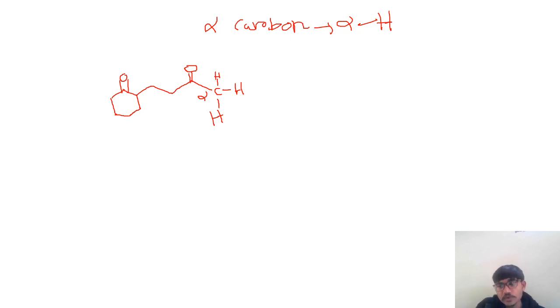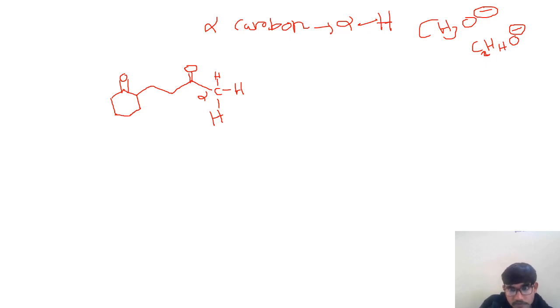These are strong bases, or you can say OCH3 minus, CH3CH2O minus, the ethoxide ion, or the methoxide ion, which is CH3O minus, or C2H5O minus. This kind of base is involved as a reagent through which the reaction will take place.